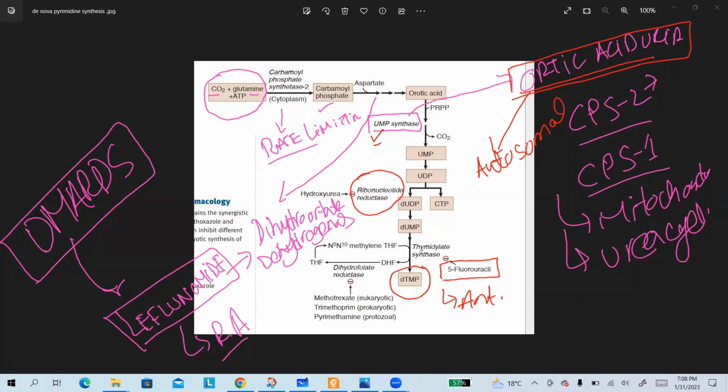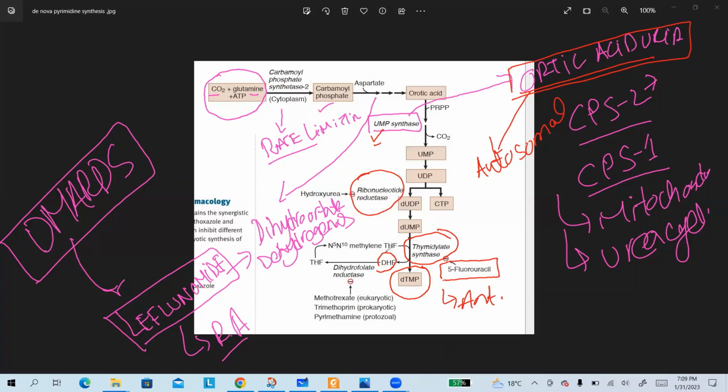Another thing: for thymidylate synthase to work properly, it needs tetrahydrofolate. Tetrahydrofolate is synthesized from dihydrofolate, which is converted into tetrahydrofolate by the enzyme dihydrofolate reductase, ultimately giving the active form.